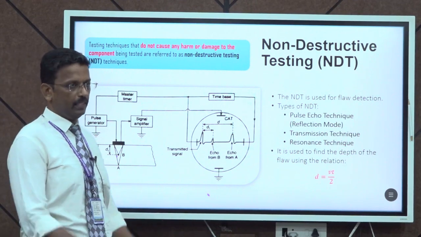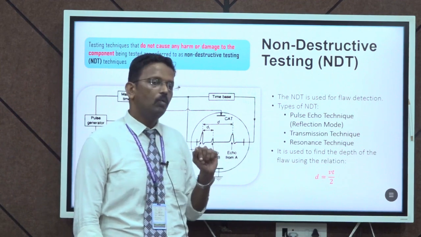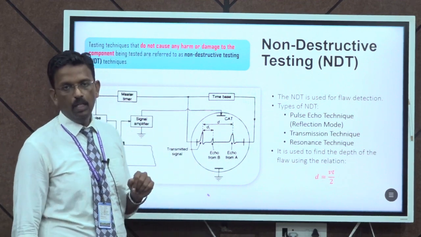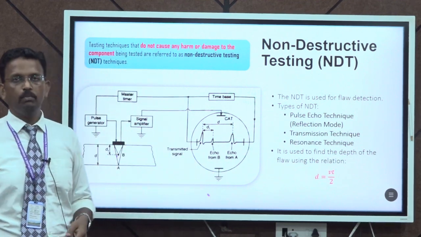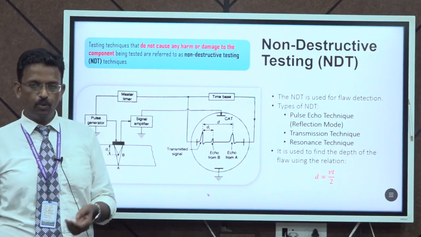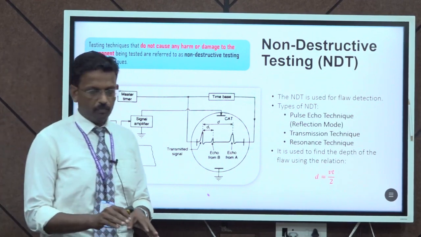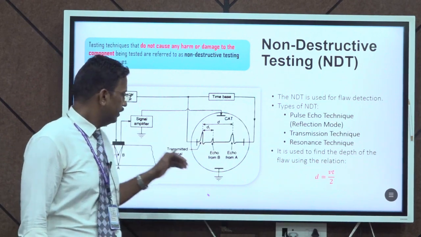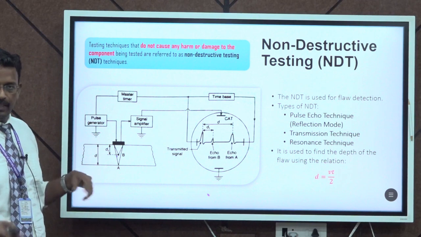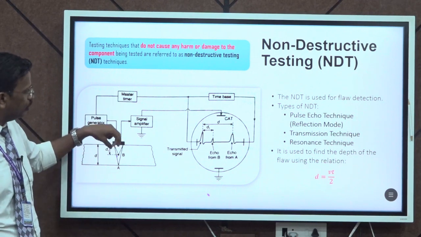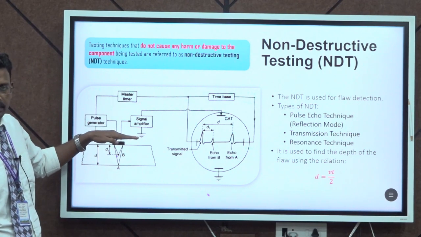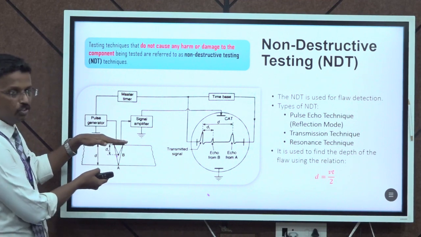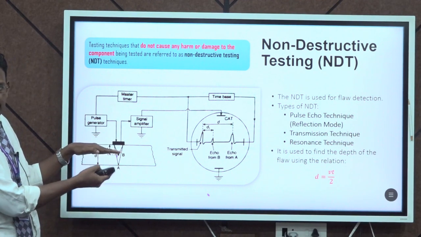There are three different types of NDT methods. One is the pulse echo method, another is the through transmission method, and the third is the resonance method. Till now we have been discussing the pulse echo method, because the ultrasonic waves are sent into the specimen from the top. The bottom surface of the specimen is not accessed by the transducer.